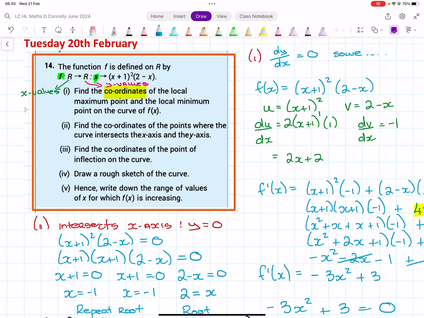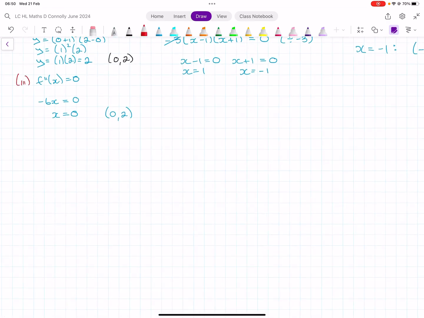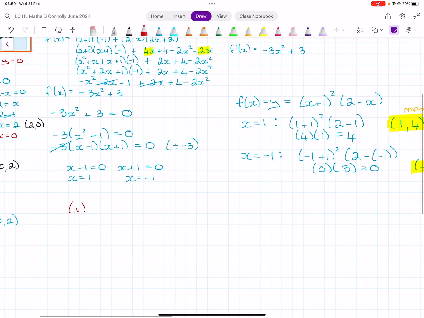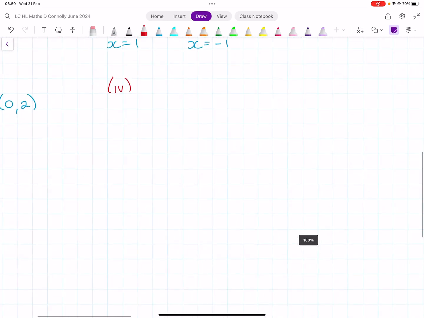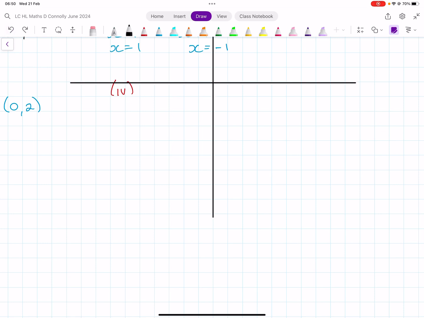Right, okay, so draw a rough sketch. Go down here. Okay, so I've got 2s, I've got a 4. Just trying to give myself an idea of the size of the graph.